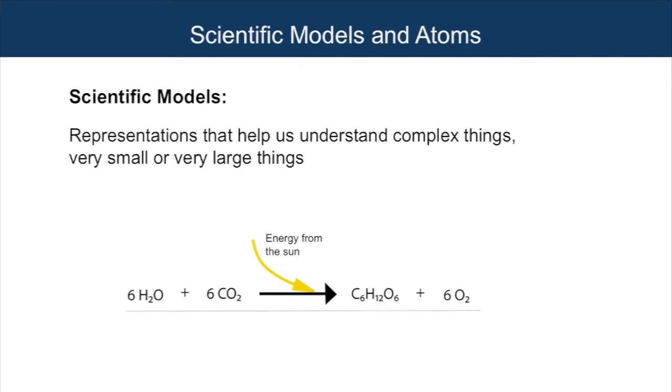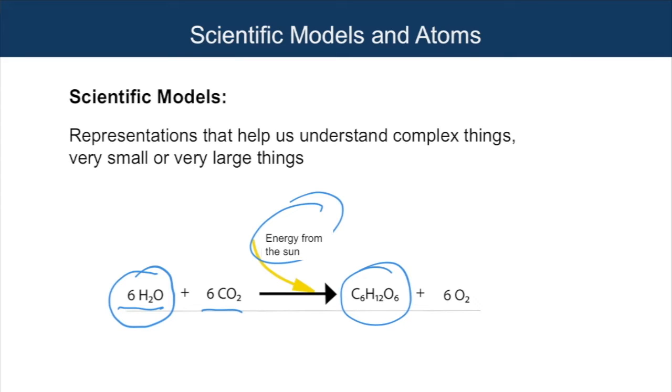Just by looking at these symbols and equations, we can understand several things. For instance, we can see that in order for this to happen, we need 6 molecules of water and 6 molecules of carbon dioxide. In the presence of sunlight, we are going to obtain 1 molecule of glucose and 6 molecules of oxygen.